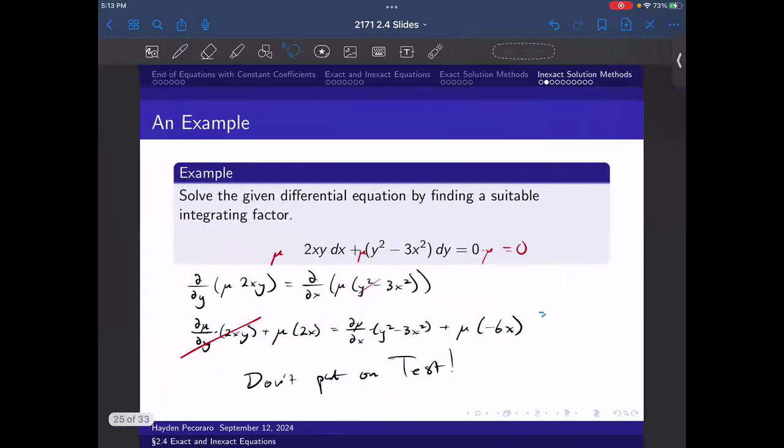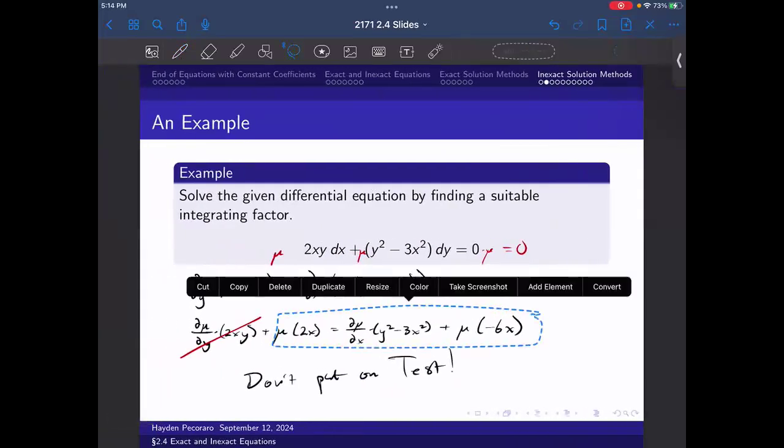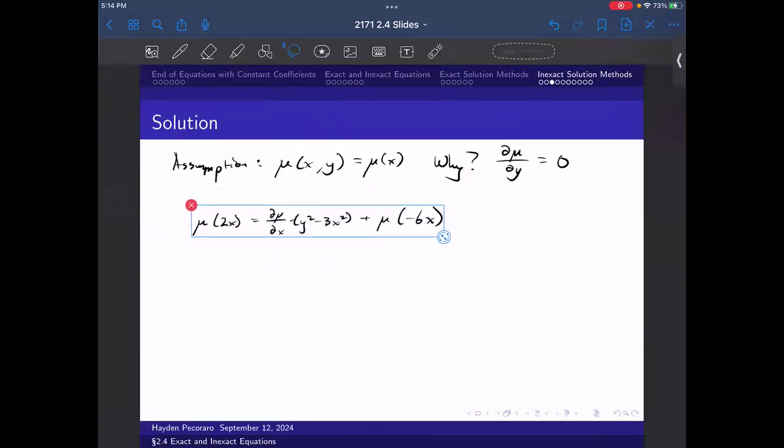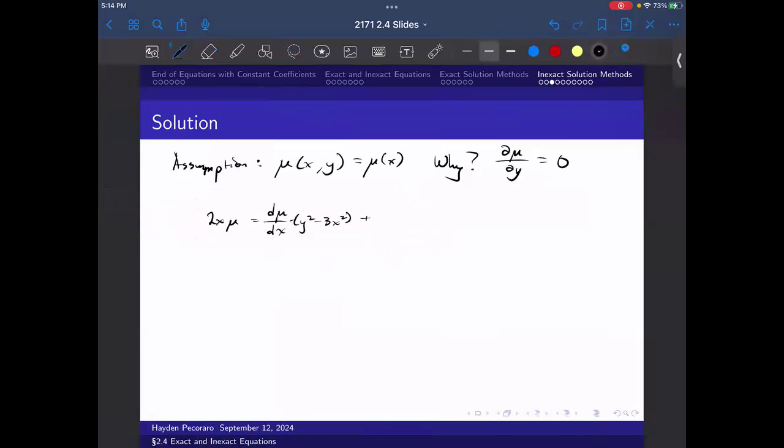And now I can rewrite my differential equation as an ordinary differential equation. All right, and so this will be 2x mu d mu dx, regular derivative now. And this part right here should be minus 6x mu.